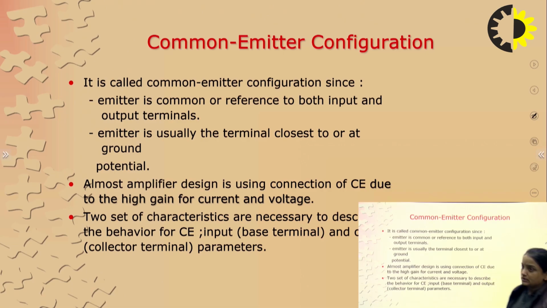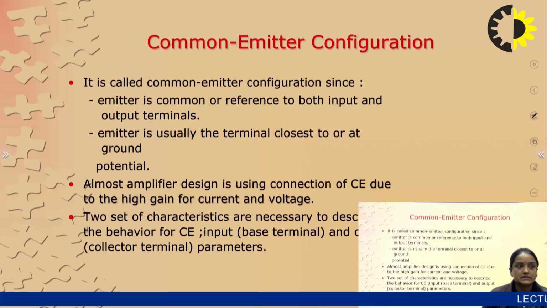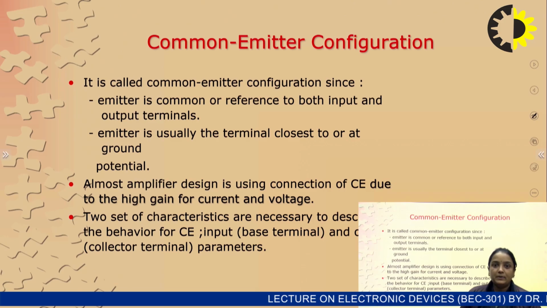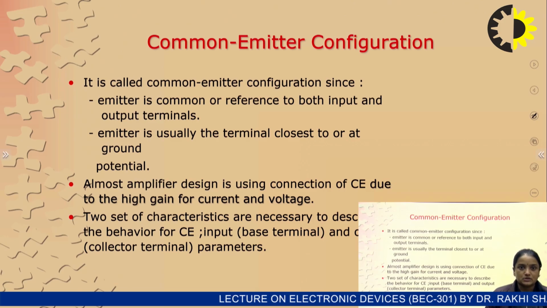So this is the basic introduction of common emitter configuration. It is called common emitter configuration since the emitter is common, or reference, to both the input and the output terminals. In other words, as I said earlier, the emitter terminal is grounded in common emitter configuration.